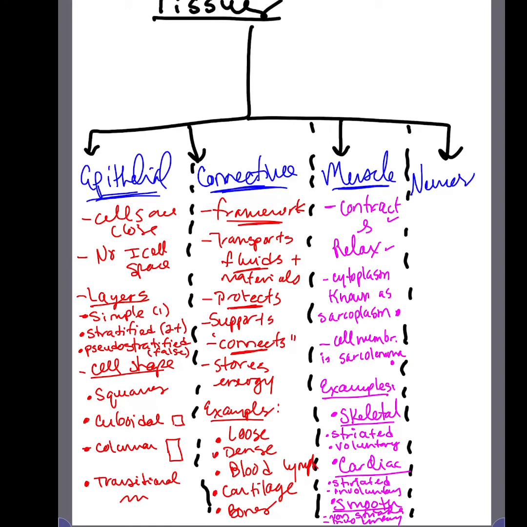And so some of the differences between these muscles is that, for example, your skeletal muscle, like I said, is found together with your skeletal system. Your cardiac muscle is only located in your heart, and your smooth muscle is located, for example, in your blood vessels or your digestive system.